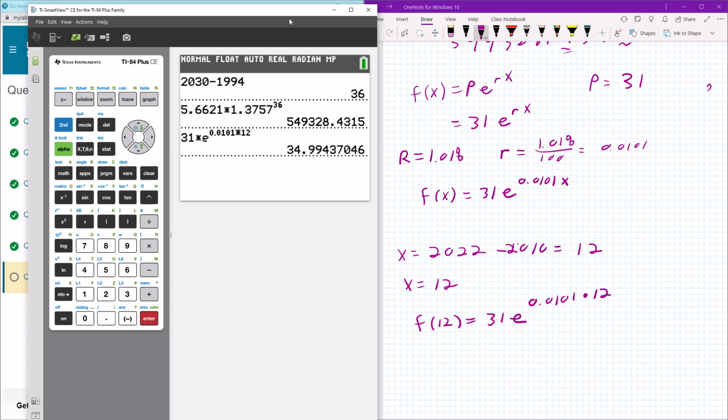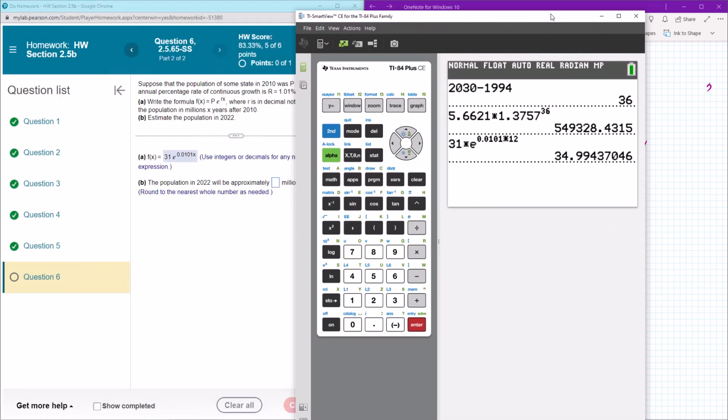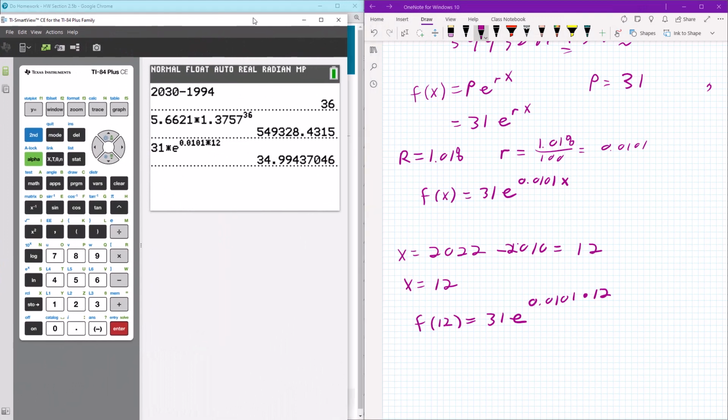And that's what we get. Now notice that they want us to round to a whole number. And what we get here is 34.9. And since that's greater than 5, this will round to 35.